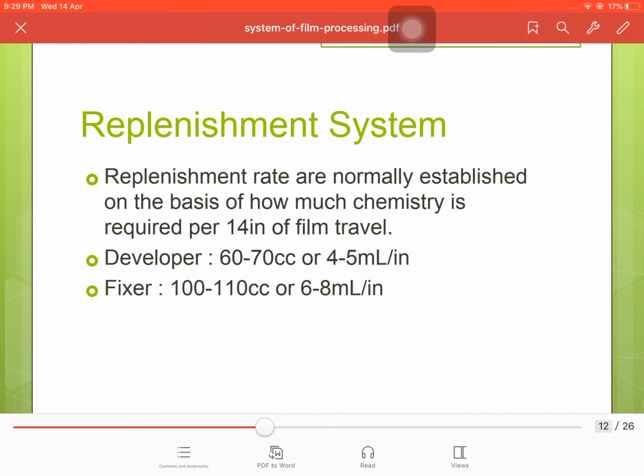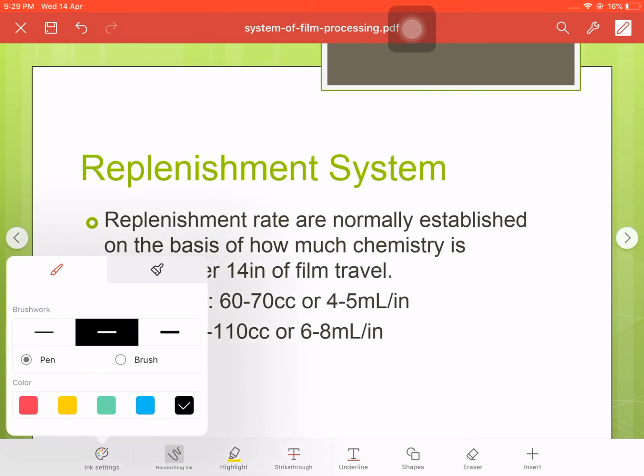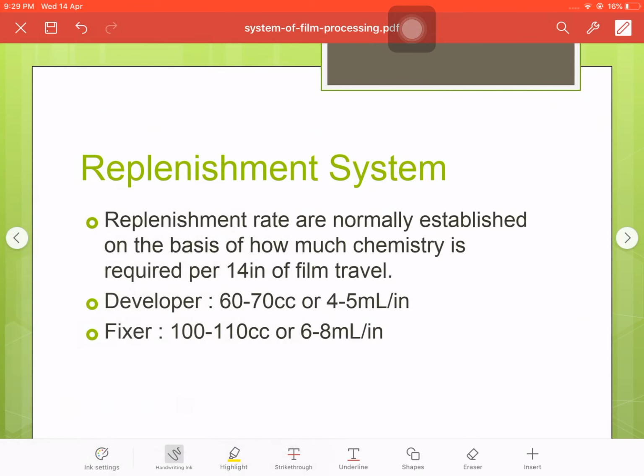Meaning, ang size ng film na magkakaroon ng replenishment will be 14 by 14 and 14 by 17. So, these are the sizes of film na automatic magkakaroon ng replenishment kapag ipinasok sa loob ng automatic processor, since nakalagay natin dito is per 14-inch of film travel.